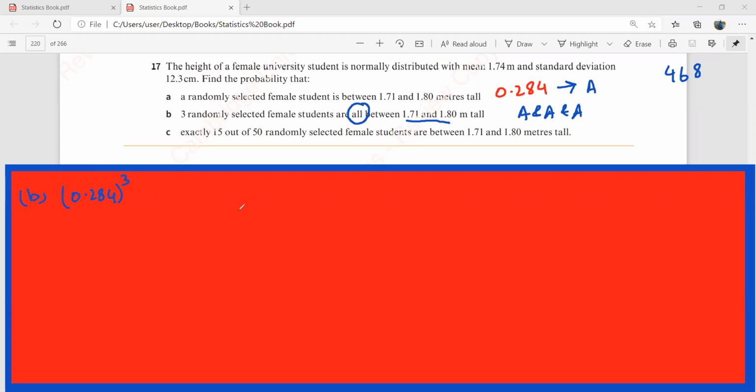And then to be more specific, as Sarah was suggesting, this can also be modeled as a binomial distribution. Let me say that there is Y, which is binomially distributed, and N is 3, and the probability of success is 0.284. And we have to find the probability that all three of them have this height, okay?